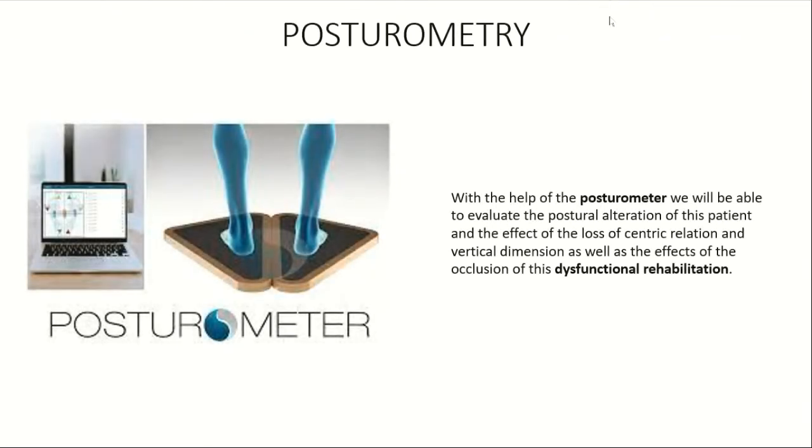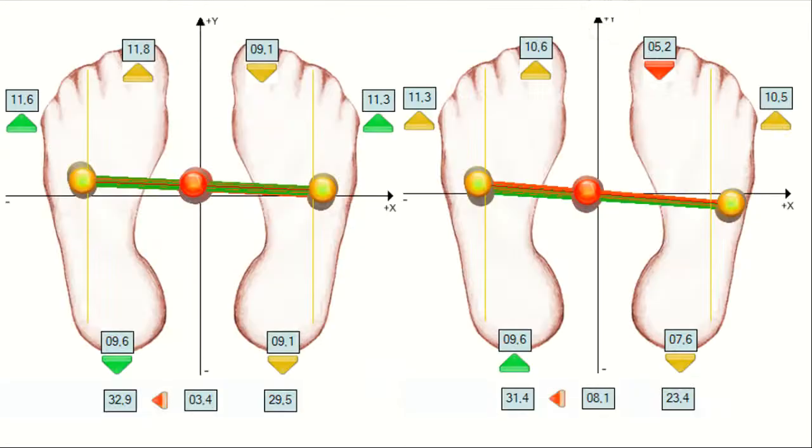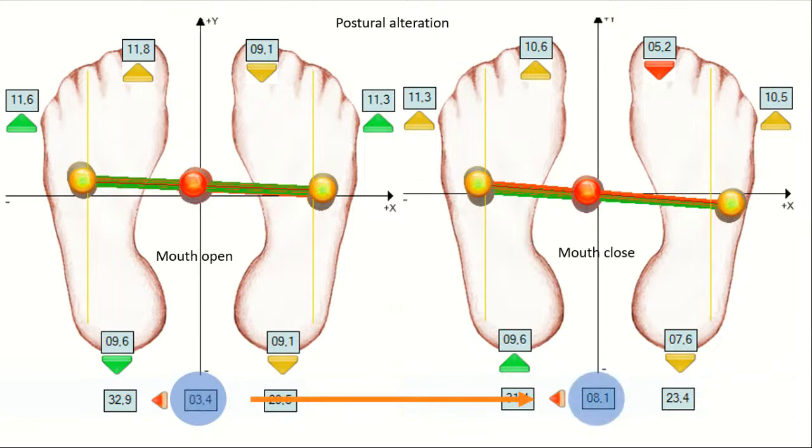Deformation, a broken disc, and again the posturometer record. You can see here mouth open, and here mouth closed. Have a look: 3 kilos of overload. Closing the mouth increases it to 8 kilos of overload.